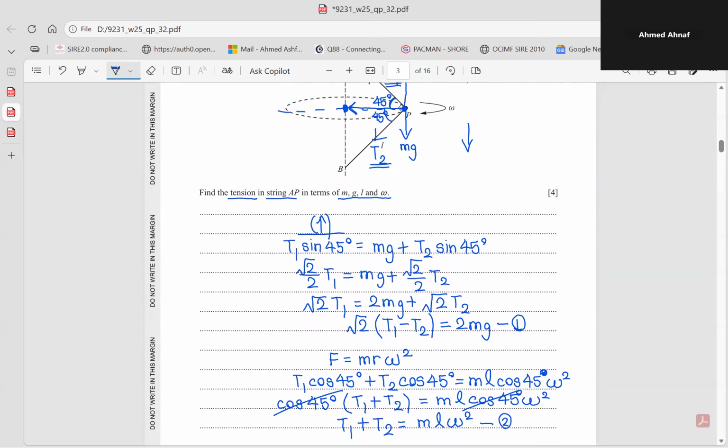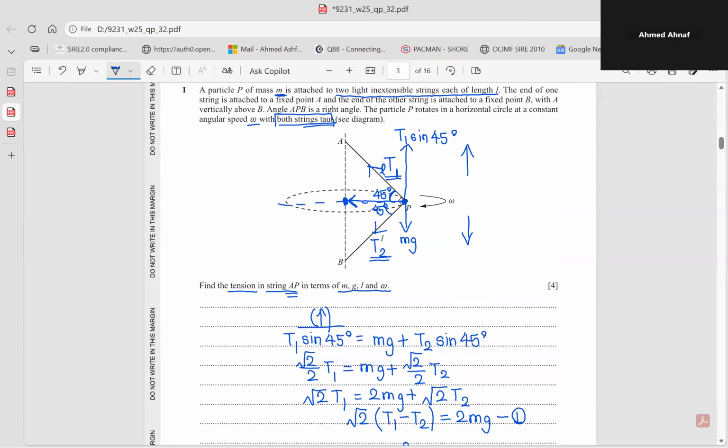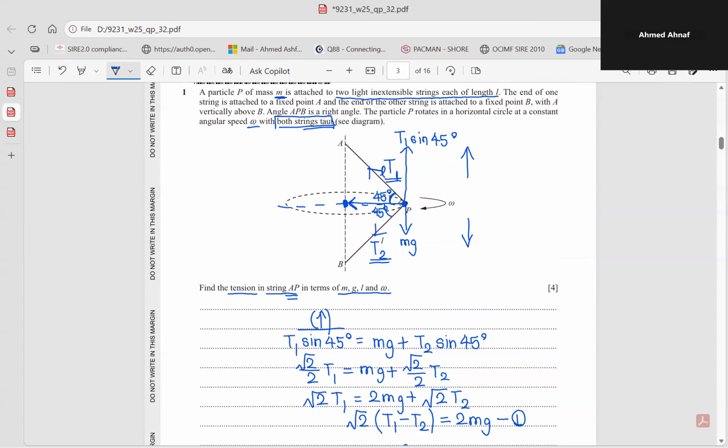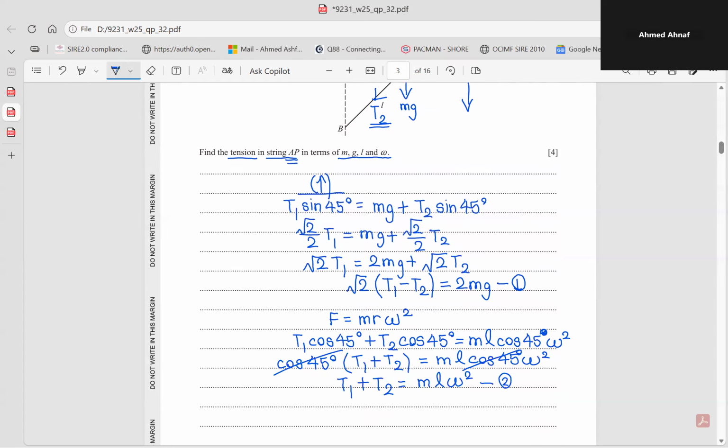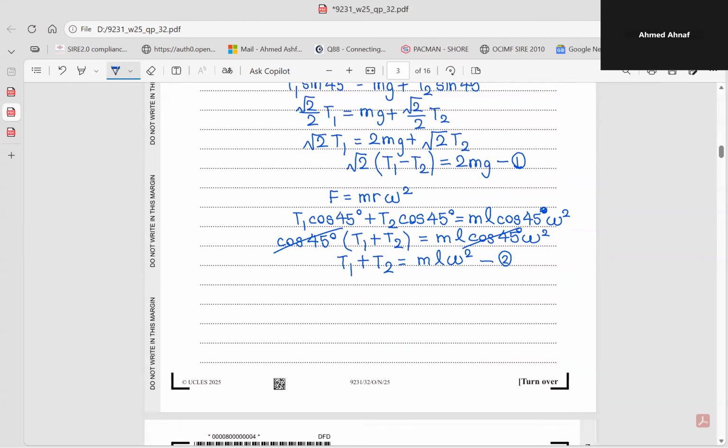Okay, so again, let's go back to the original question. We need to find the tension in string AP, and this tension in string AP, we define as T1. So we need to find T1. To start, let's use equation 2 and make T2 the subject. Doing that will give us mL omega squared minus T1.